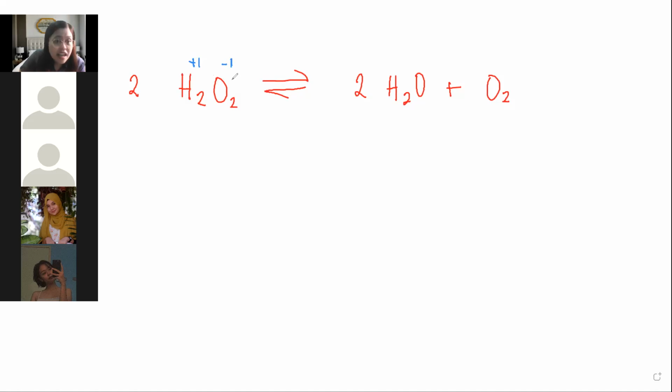Pag peroxide siya, negative 1 siya. Okay? Now here sa hydrogen, sa water, anong nangyari dito for water? This is still positive 1 for hydrogen, but the oxygen here is negative 2. Kaya nga meron kang subscript dyan na 2. Kasi di ba nag-criss-cross.